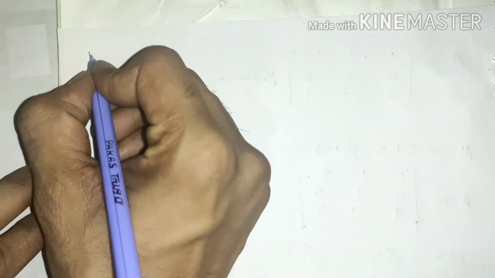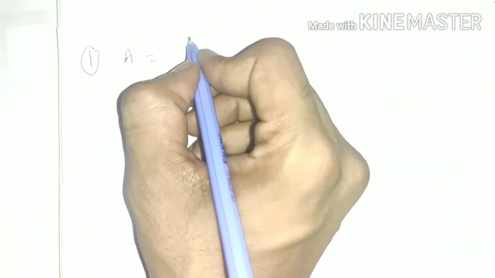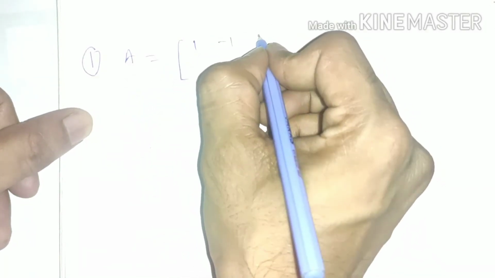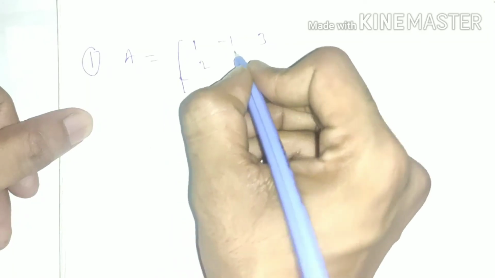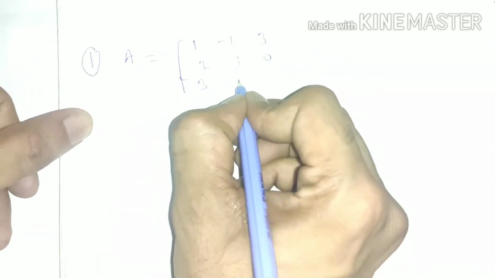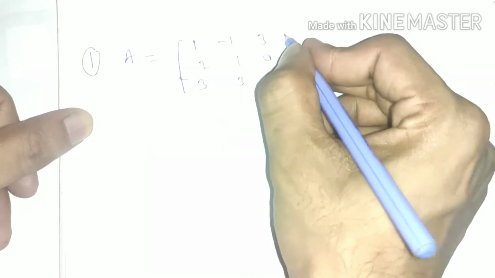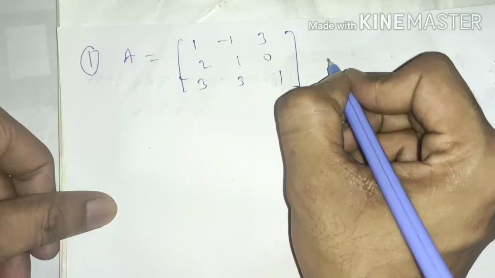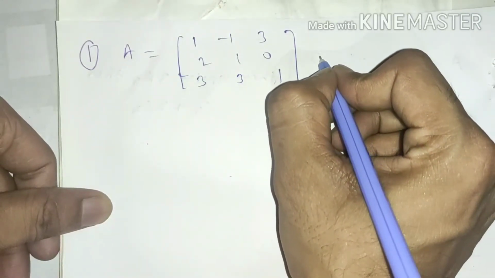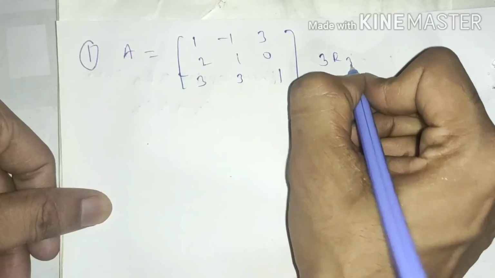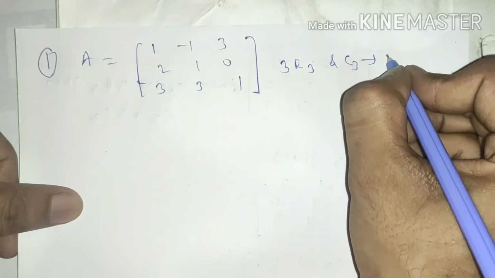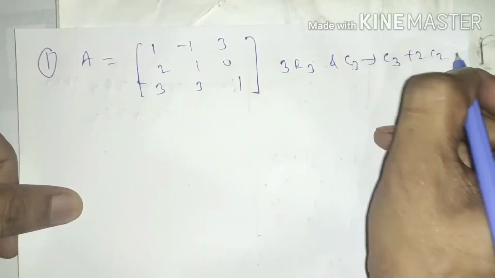Now we will see more examples. The given matrix A is equal to 1 minus 1 3 2 1 0 3 3 1, then the elementary transformations are R3 changes to 3R3 and C3 changes to C3 plus 2 times C2.